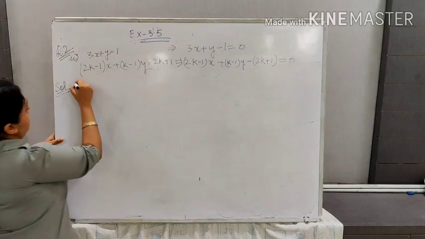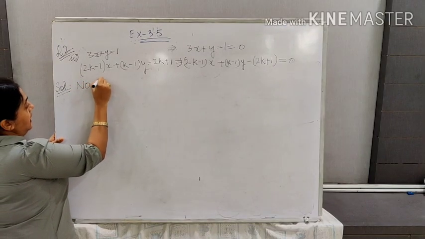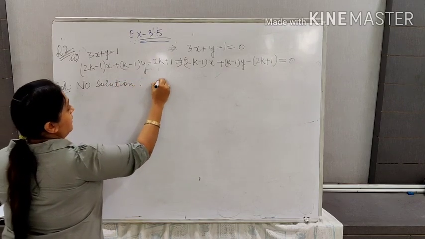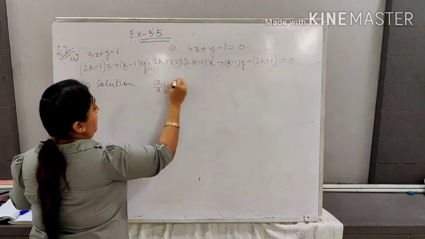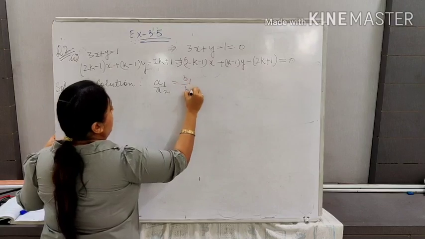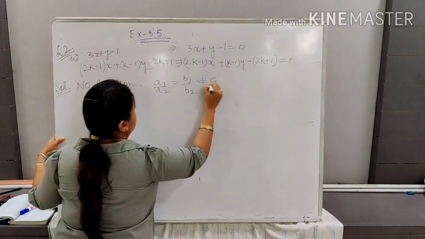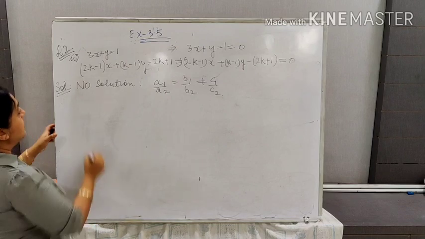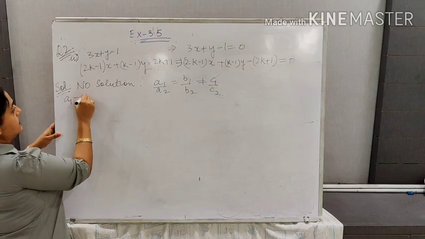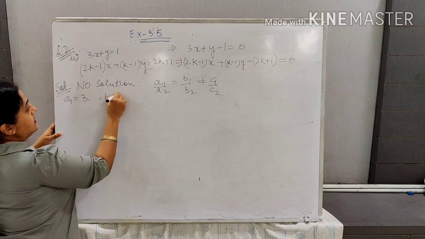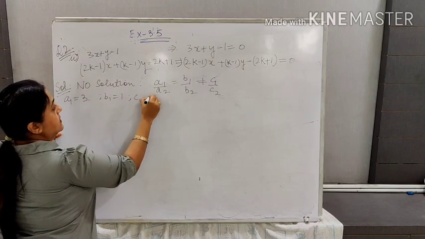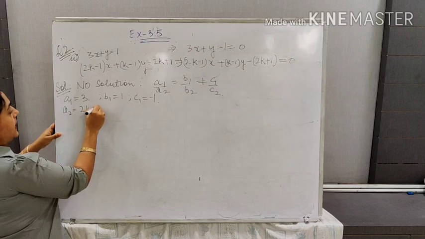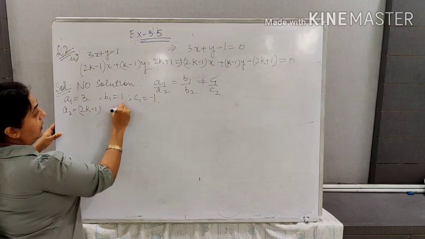Now which condition do we have to see? No solution. When is the no solution condition? When a1 upon a2 equals b1 upon b2 not equal to c1 upon c2. Right? So what is a1 here? a1 is 3, b1 is 1, c1 is minus 1. Similarly, a2 is 2k minus 1, put a bracket.